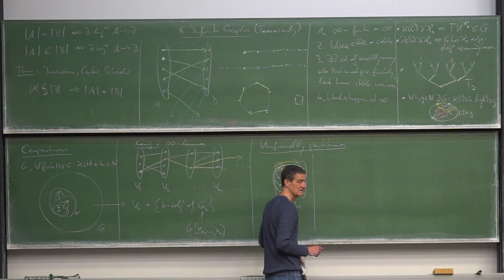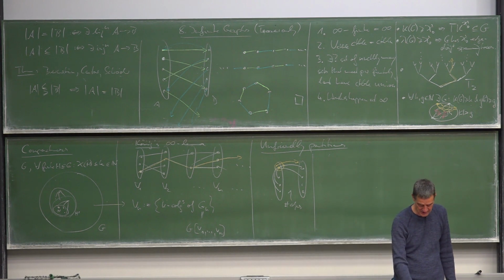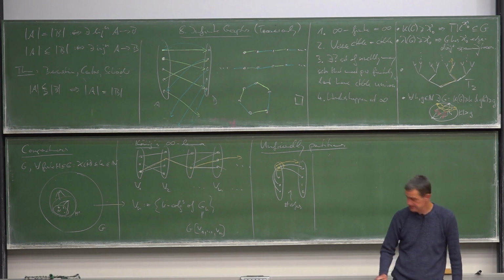So let's prove that every locally finite graph has an unfriendly partition. I don't know which number this is.